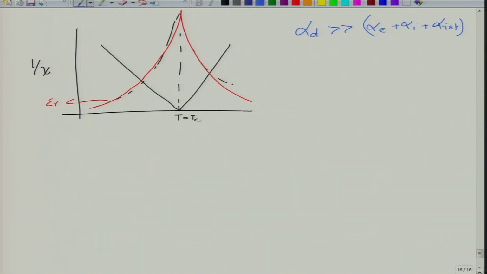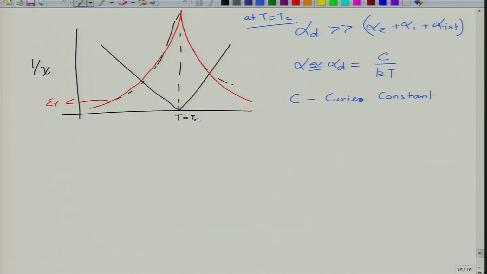So at T is equal to Tc, this alpha d is extremely high, and hence we can write alpha is equal to alpha d, which is equal to C divided by kT, where C is the Curie constant. Okay.